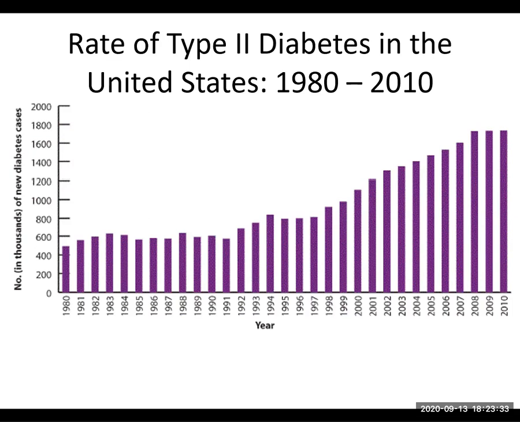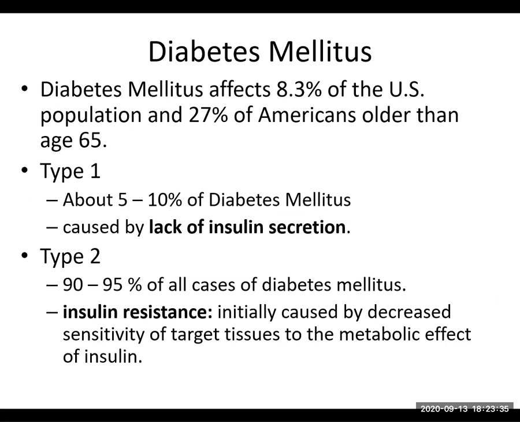Here is the data: about 8.3% of the population in the United States has diabetes, for people who are older than 65 years old.